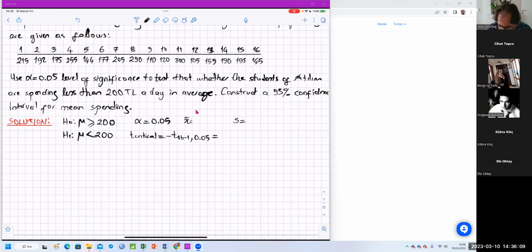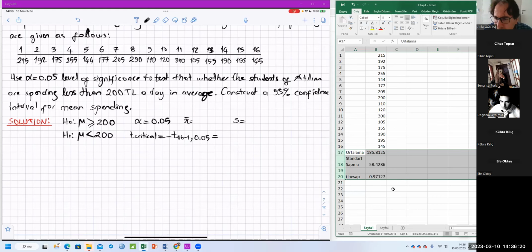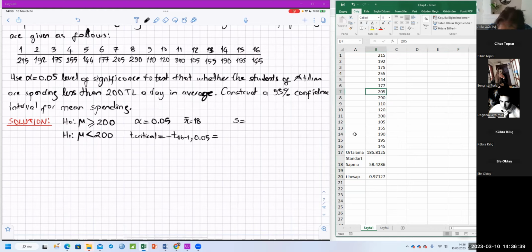Okay, the x bar, the sample standard deviation, and the sample mean. I did perform this in Excel already in the Turkish section of this course, and the average is calculated. You can check it at home yourself by summing up those 16 values and dividing by 16. The sample mean is 185.8125.